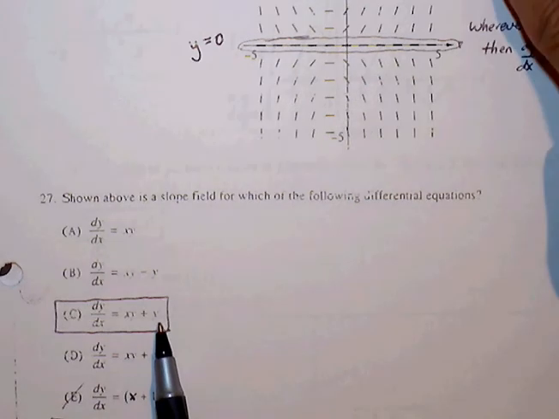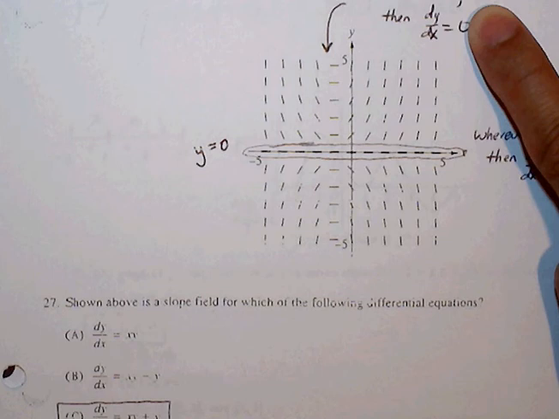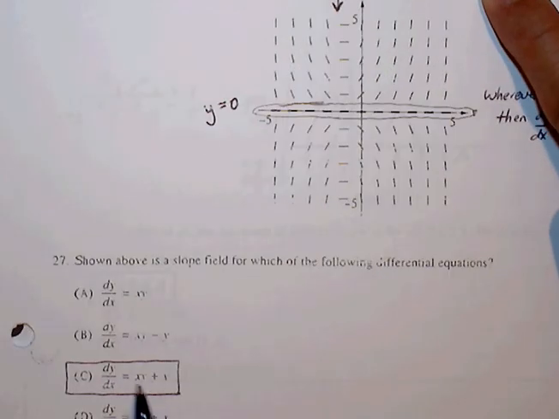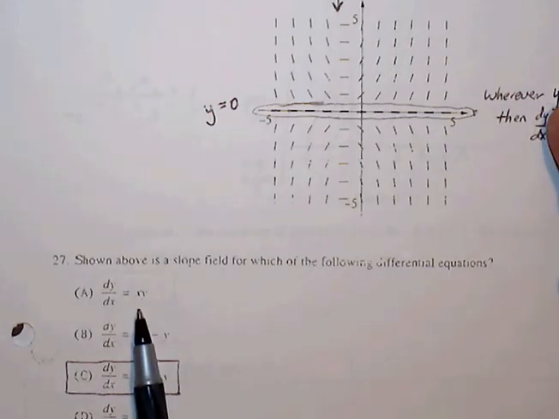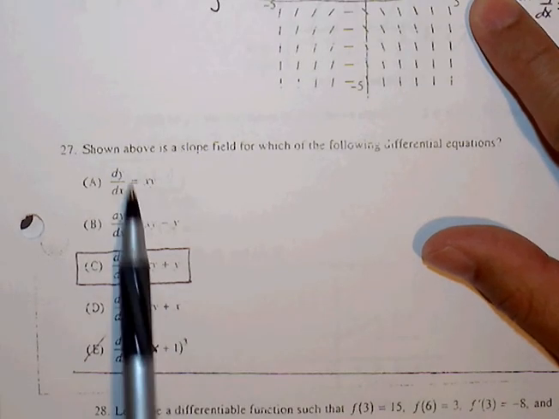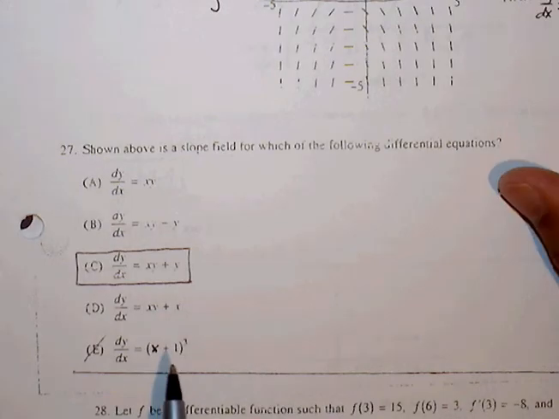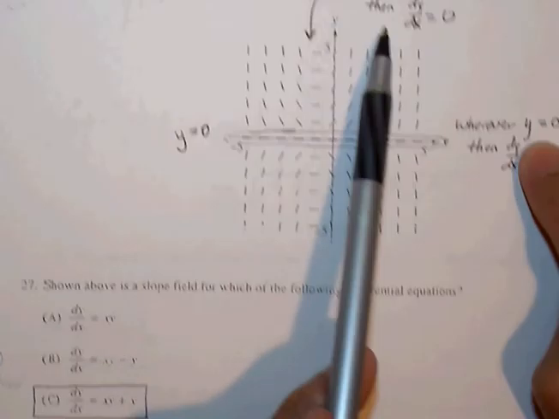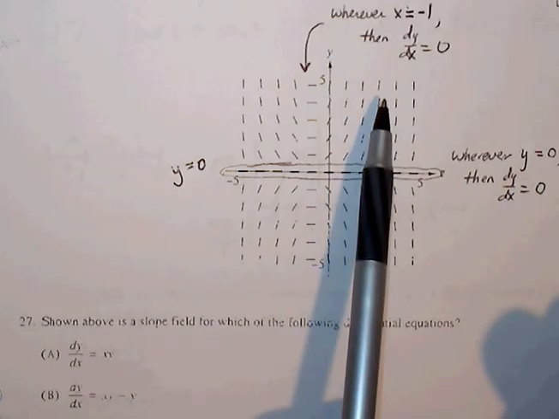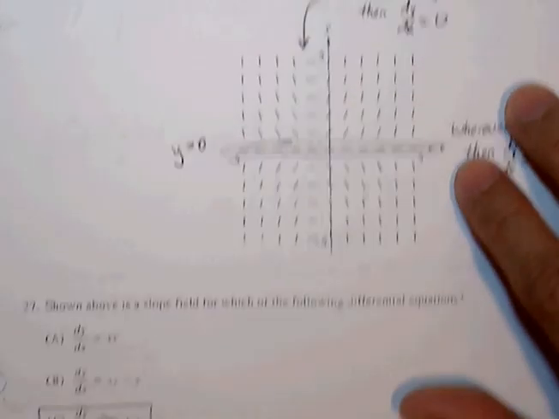When x is equal to -1, I'm going to get negative y plus y, which is always 0. If we try to match it up with any of the other options, the only one that is consistently true for both of these sets of slopes is going to be c.